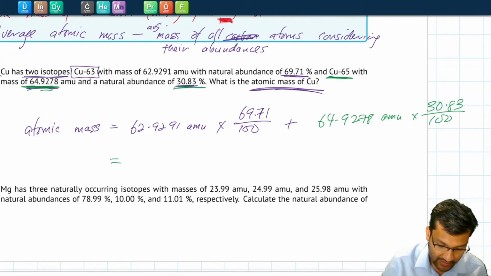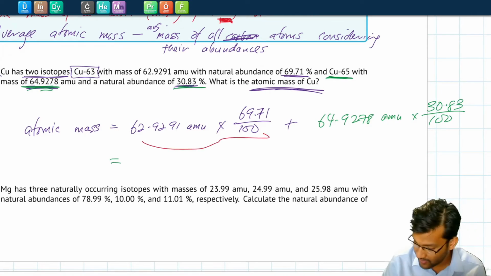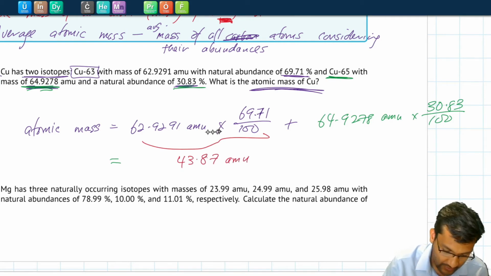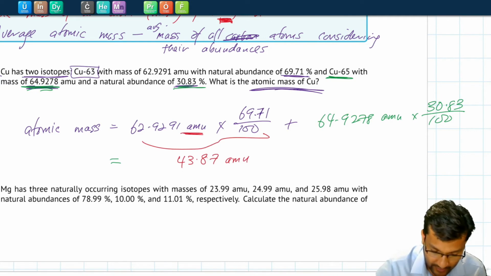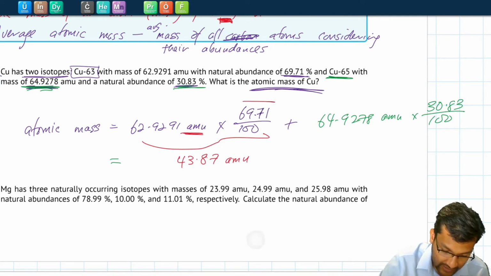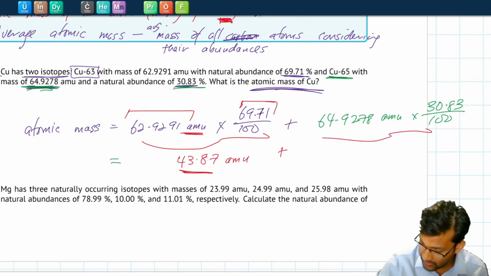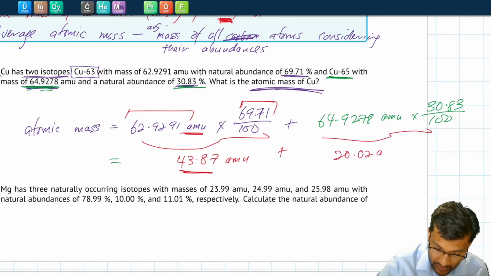So if we add this all up, let's just do this one at a time. The first bit here comes out to be 43.87 atomic mass units. Remember the units there. Four significant figures here, more than four here, so our answer should only have four significant figures. And then this part comes out to be 20.02 atomic mass units.